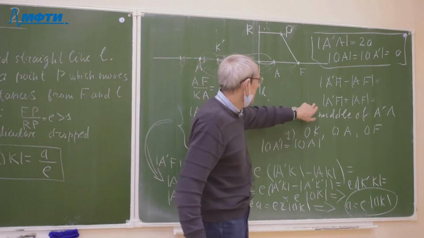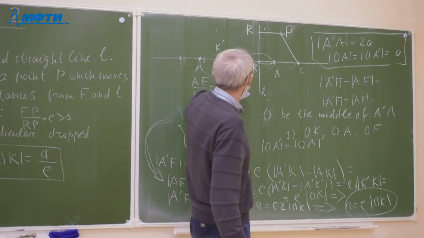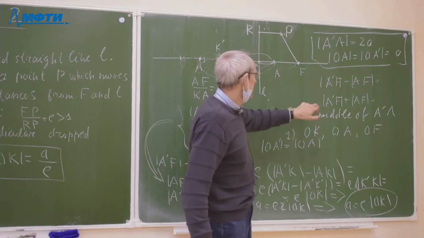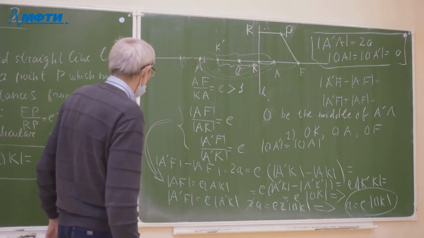To obtain the relation between OF and OA, we consider the sum A prime F and AF.